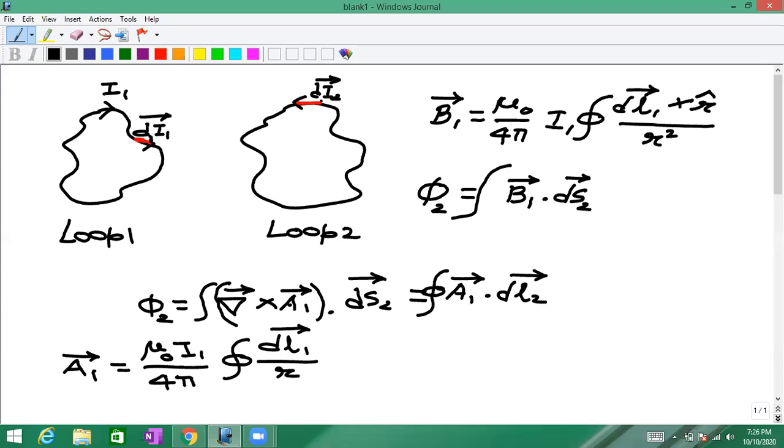Okay. So এতিয়া A1 vector ৰ এক্সপ্ৰেশনটো আমি phi2 ৰ জায়গাত put কৰি দিও, কাৰণ phi2 তো আমি পালো closed integration A1 vector dot dl2 vector. Let us put A1 vector from this expression. Then what will be the expression for phi2 now?